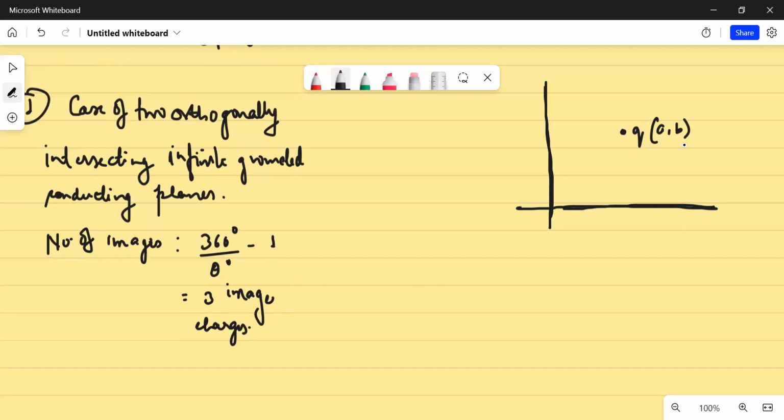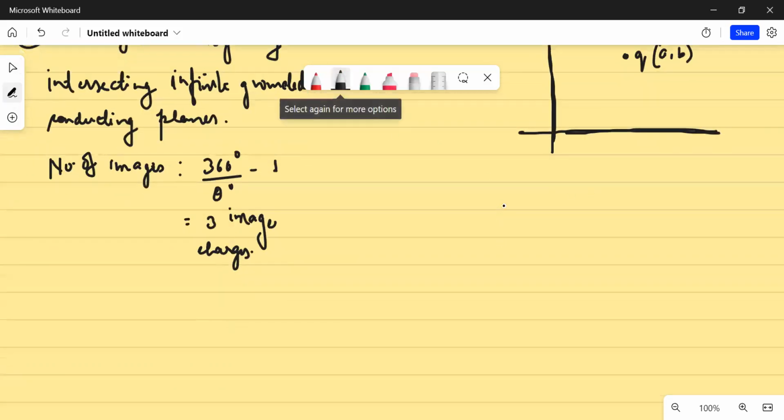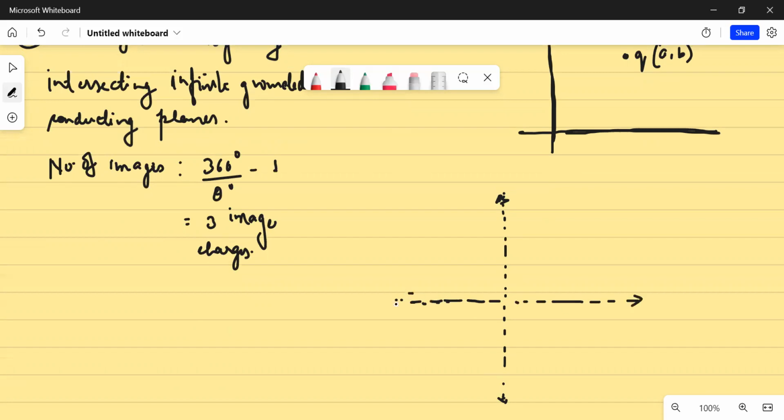From slight understanding, if I want to replace this entire problem by assuming some image charges, what should be their locations? Because of this infinite grounded conducting plane, this charge Q is there, so there would be a minus Q here. This minus Q would make the potential 0 here, because of this charge Q and this infinite grounded conducting plane.